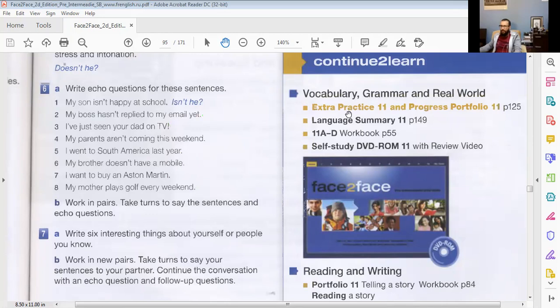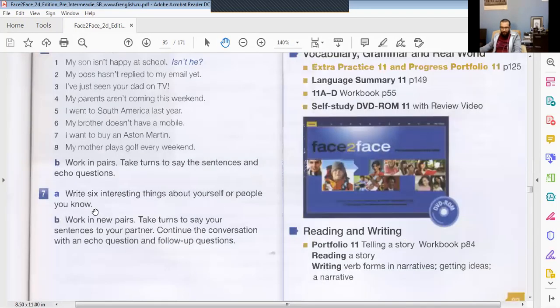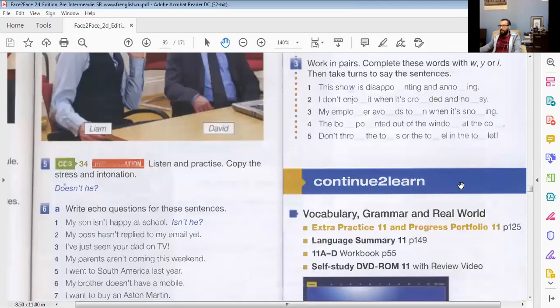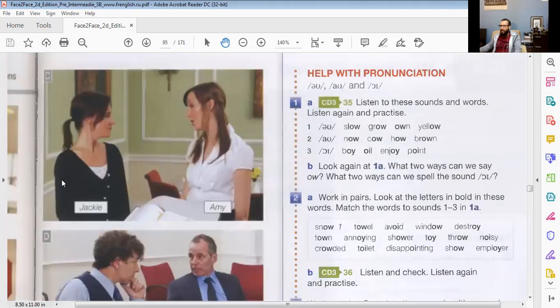Okay, now let's move to this. This is number 7. Write 6 interesting things. Not important. All right, now this is nice and important. Here we want to work a little bit on the pronunciation of what we call diphthongs.